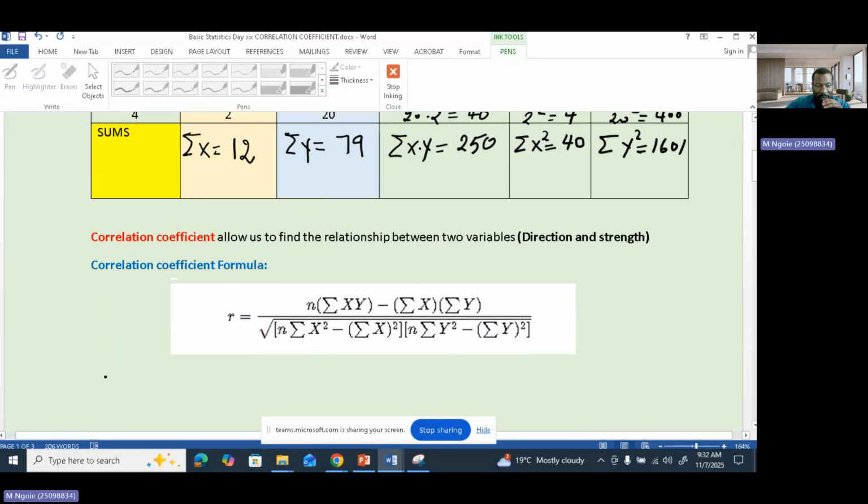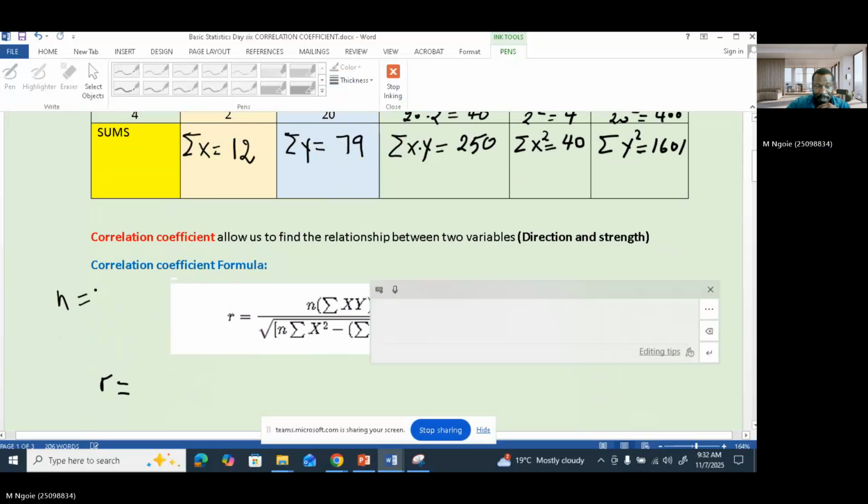So for r, remember this one is n. Your n here is 4 because you have 4 variables.